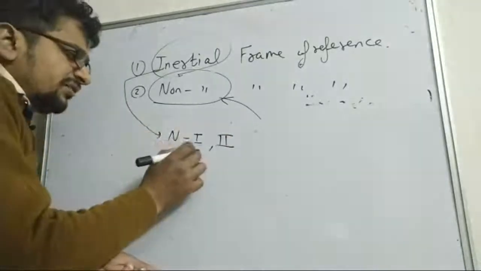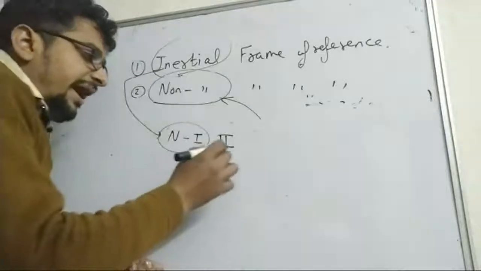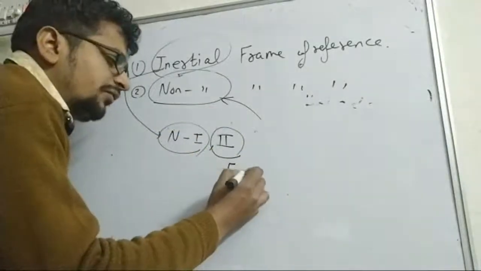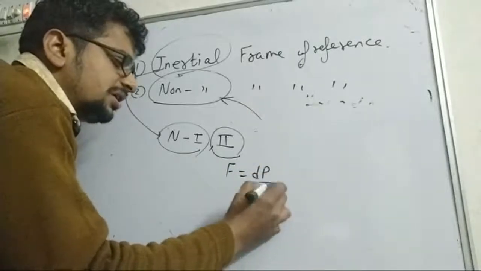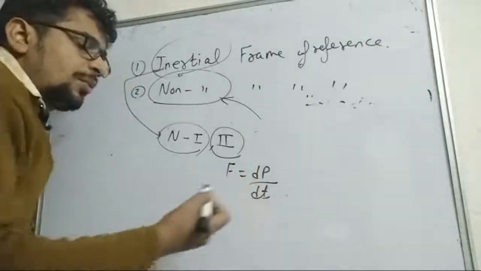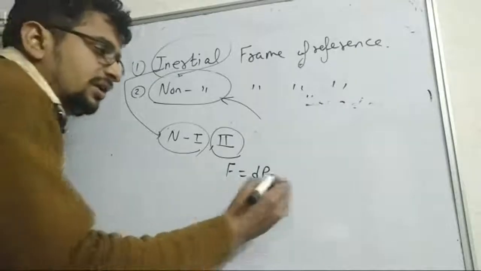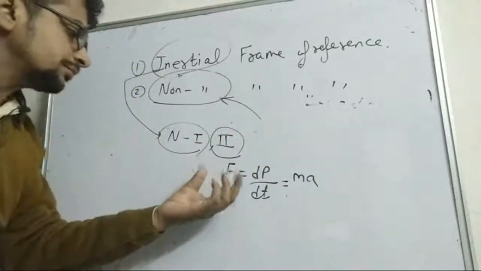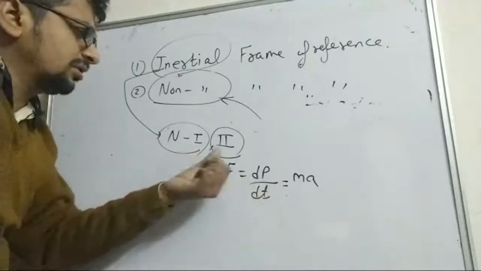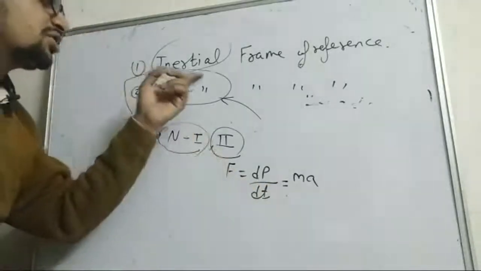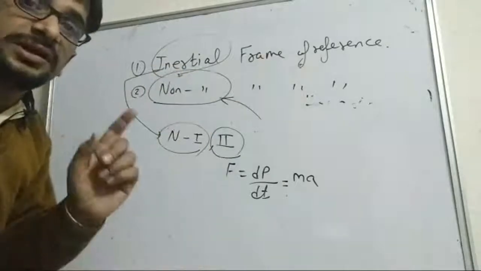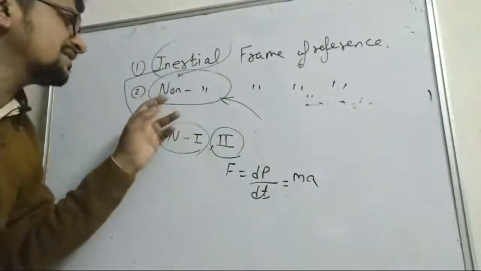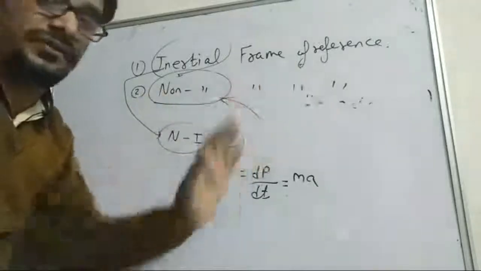Newton's first law means the law of inertia, and Newton's second law means the law of momentum, that is, external force equals dp by dt, the rate of change of momentum with respect to time t, and it is always equal to ma. Both these laws are valid in the inertial frame of reference, but notice that these laws are not valid in the non-inertial frame of reference.